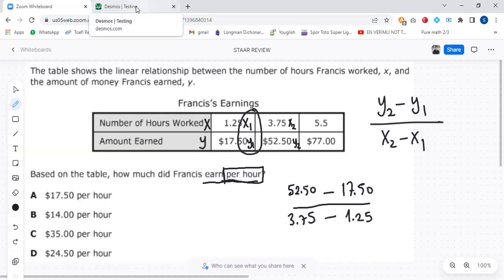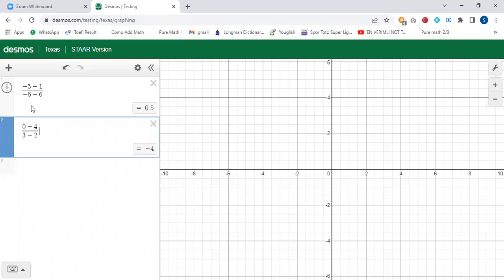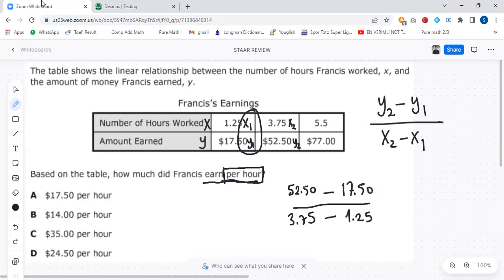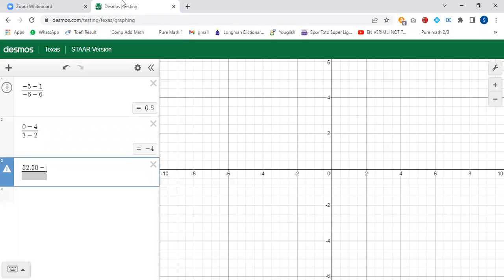So let's use our calculator for this. First of all, let's create our fraction. 52.50 minus 17.50 divided by 3.75 minus 1.25.